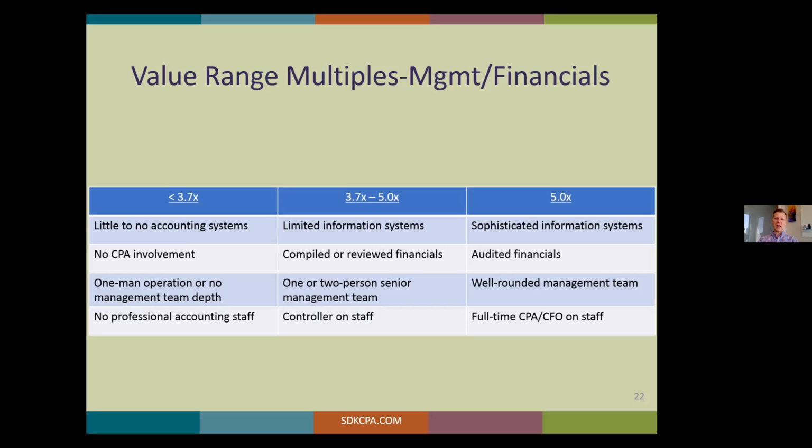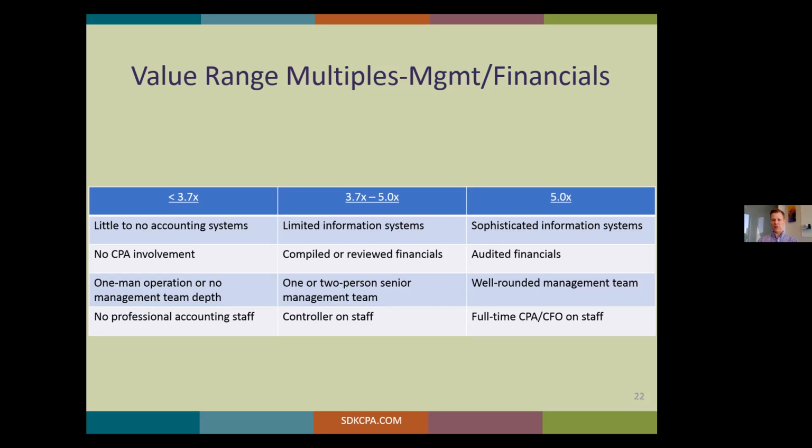Again, you may have confidence in the numbers, but you want to provide comfort to the buyer. No CPA involvement indicates potential risk. You can move to the right on the spectrum if you get compiled or reviewed financials. At least there's someone else looking at this.